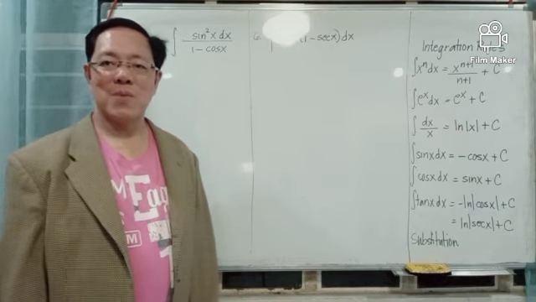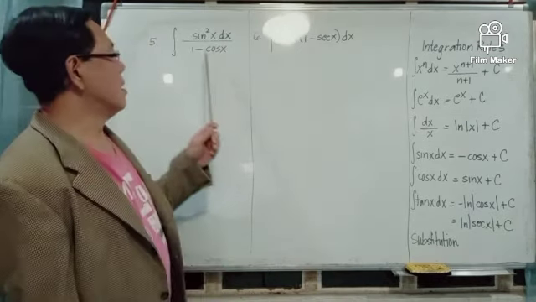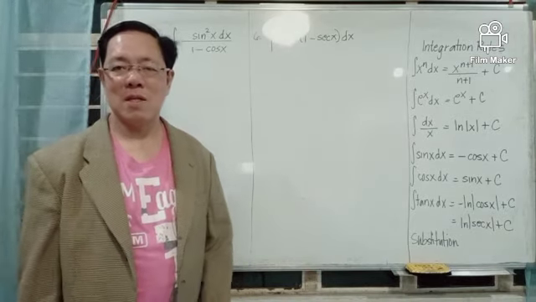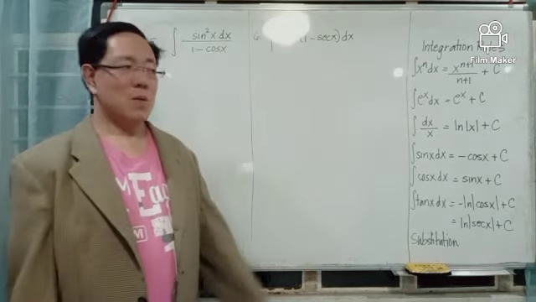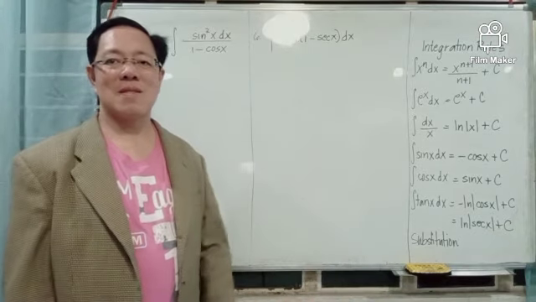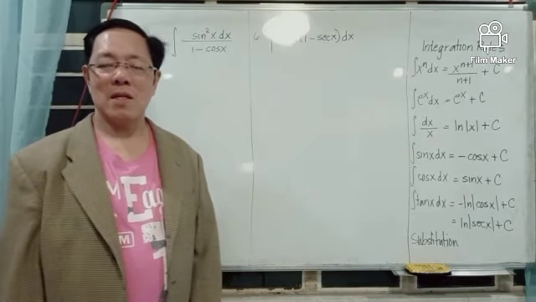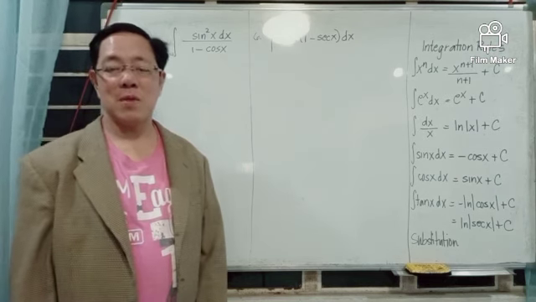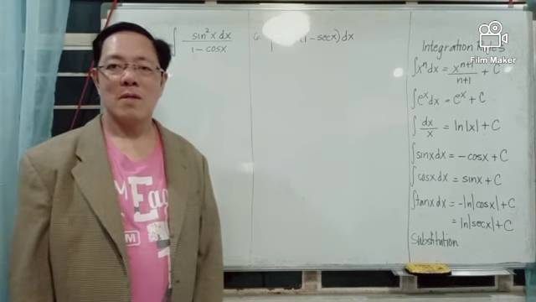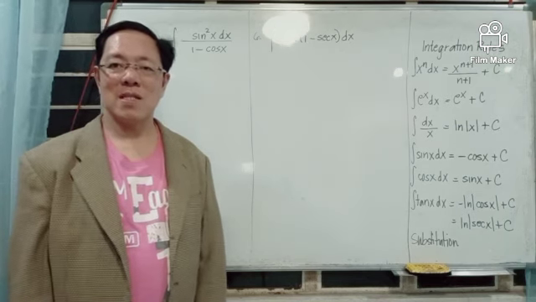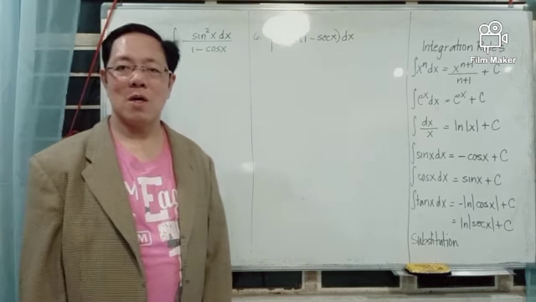But first, we have to transform this given integral into an integral that can be integrated using one of these integration rules. And to do that, we either make use of a substitution or a trigonometric identity from your course in plane trigonometry.